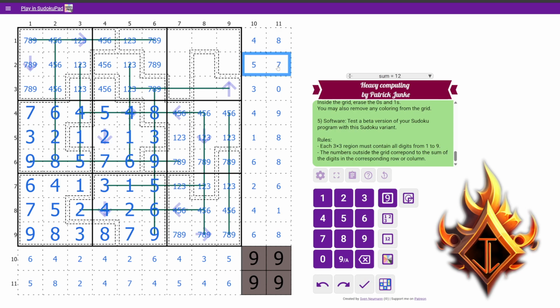Or 57. That's even higher. Let's try 57 first. That's the higher of everything. If we had 7, 8, 9. Alright, let's just take all maximum. 9, 15, 18, 24, 27, 36. Oh, that'd only be 21.